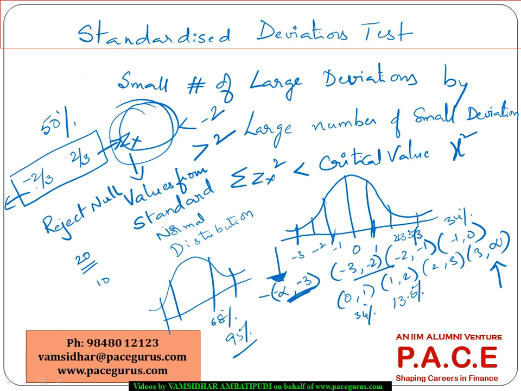using the standardized deviation, and secondly, because the problem of the chi-square test is that some large deviations can be very much offset by a large number of small deviations.